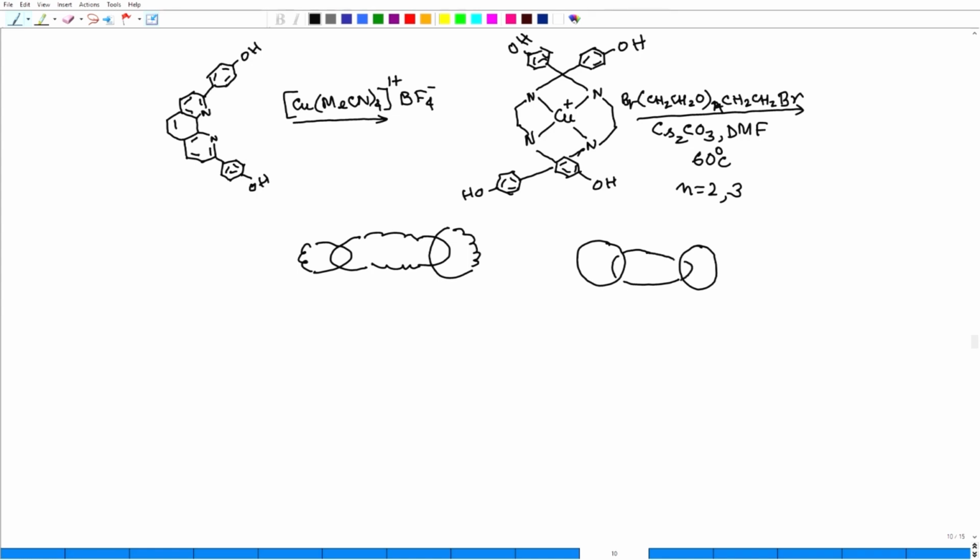So, this is called 3-catenane. One, two, three. So, 3-catenane. That means we discussed 2-catenane and 3-catenane. This is based on metal ions.